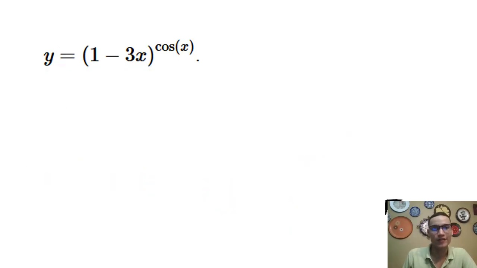Now let's solve this one. Let's differentiate this. And we apply, again, natural logarithms on both sides. We have natural logarithm of y is equal to natural logarithm of the other side, 1 minus 3x to the power of cosine of x. It doesn't matter if it's a constant or a function. In this case, cosine is a function.